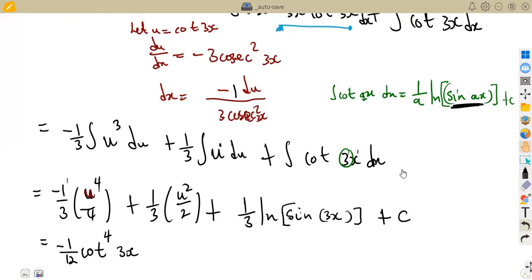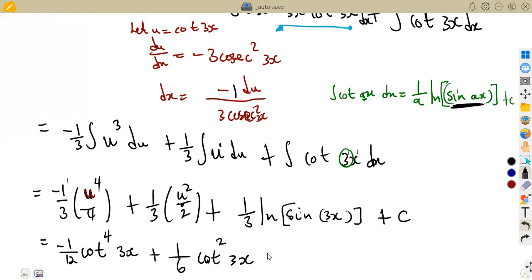We do the same thing on this part here. Again, for u, we substitute cot, but this is 1 over 3 times 1 over 2. The 2 is in the denominator, so if you multiply 1 over 2 and 1 over 3 together, you get 1 over 6. In place of u, we substitute cot 3x, so this is cot to the exponent of 2 of 3x.